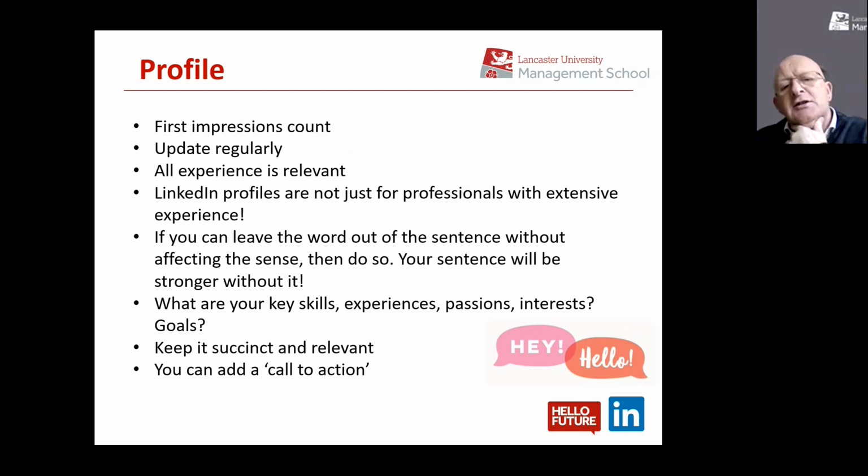You can also add a call to action. So we talked there about some of the people who kindly posted in the chat, mentioned what they're looking for from using LinkedIn, but it might not be a job. So, for instance, I might post that I'm looking for somebody to advise one of our students who wants to go and work in cybersecurity, for instance.